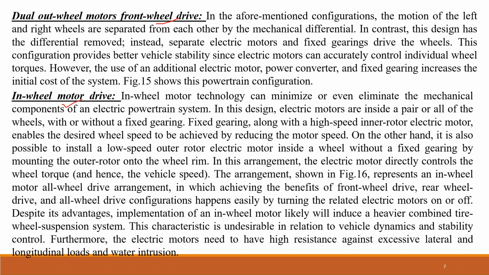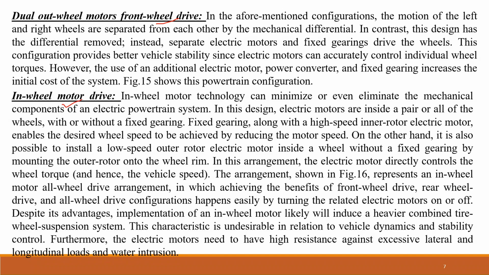Now coming to the last configuration, that is the in-wheel motor drive. In the in-wheel motor drive technology, it can minimize or eliminate the need for the mechanical components of the electric powertrain system. In this particular design, the electric motors are placed inside a pair or all of the wheels, with or without the fixed gearing. The fixed gearing, along with the high-speed inner rotor electric motor, enables the desired wheel speed to be achieved by reducing the motor speed.